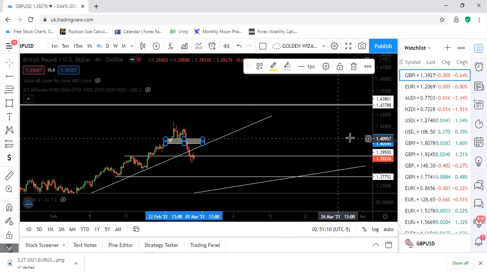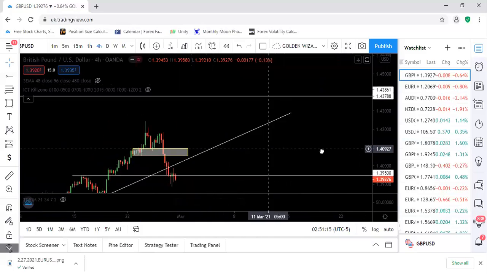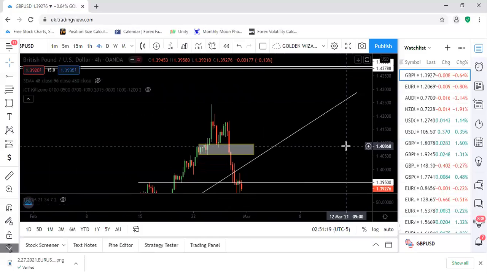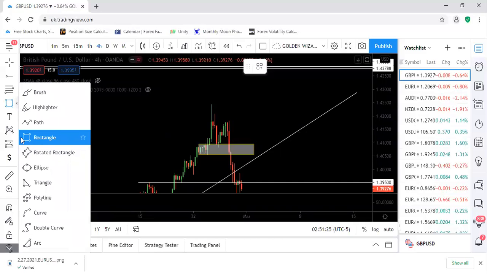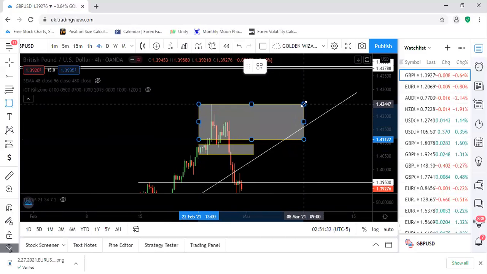So now let's zoom this out a little bit. And this would become a bearish order block. And so for me, as I was saying, I believe this pair is still bullish on a higher time frame.